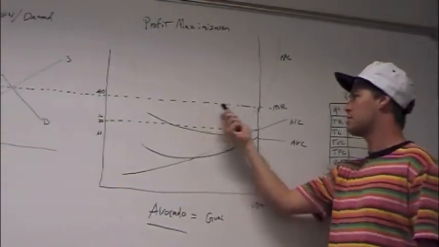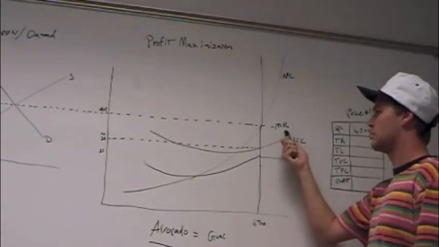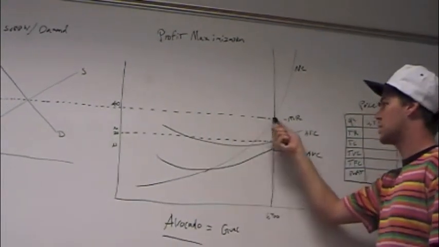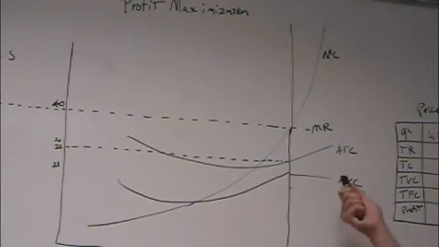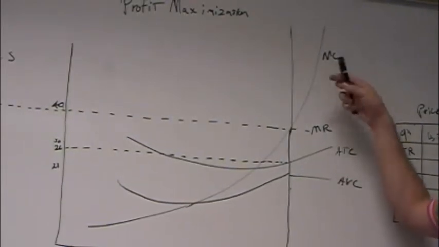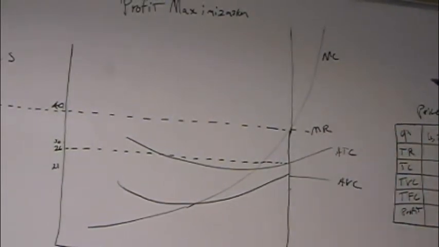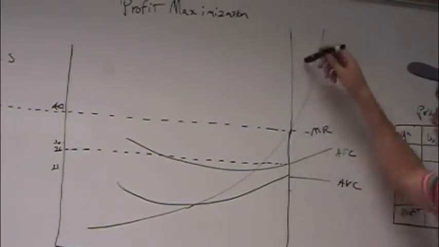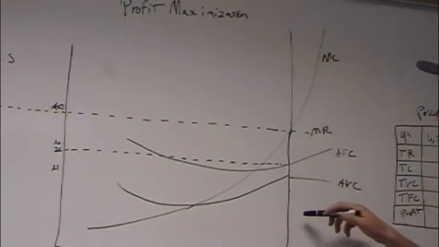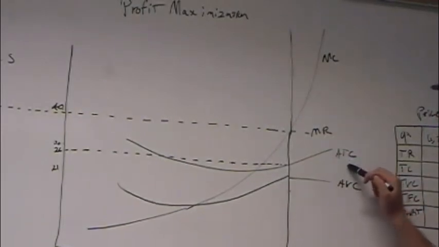So this is our marginal revenue, which hits our quantity. So when we go from our marginal revenue to our marginal cost, we find our quantity. Second, we want to see where our up and down line, our vertical line, hits our average total cost.